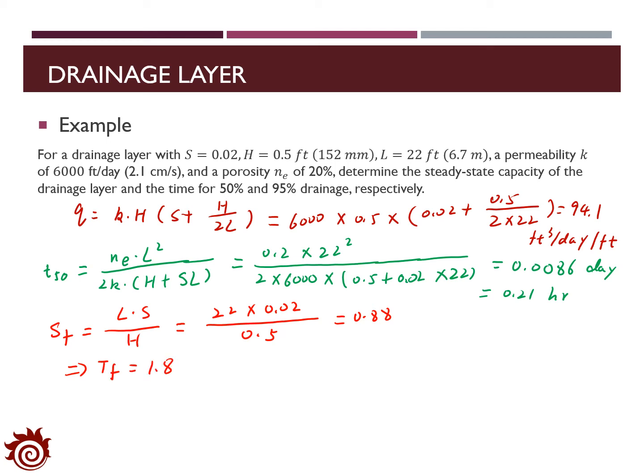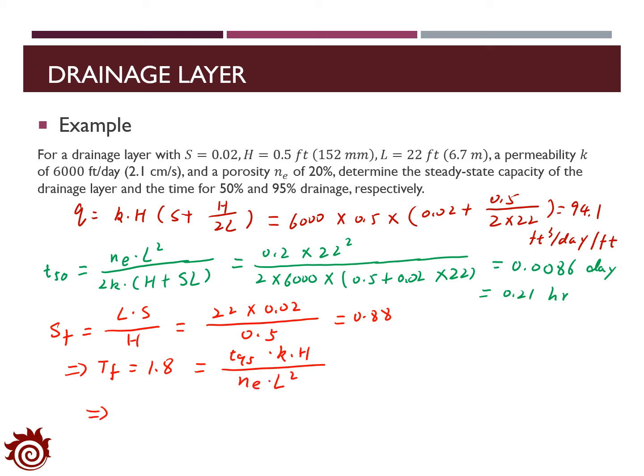We also know that TF is T95 times KH over NeL squared.